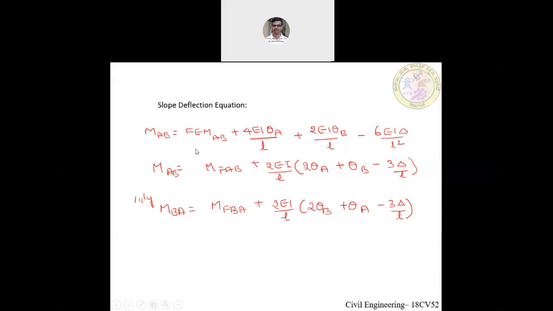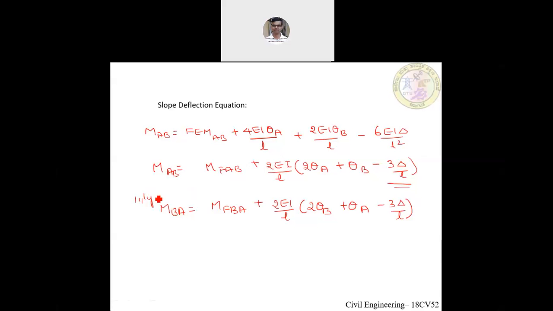Now, MFAB, fixed end moments, plus I'll just take 2EI/L as a common factor, which gives us 2θA plus θB minus 3Δ/L. So this is our final slope deflection equation, MAB.